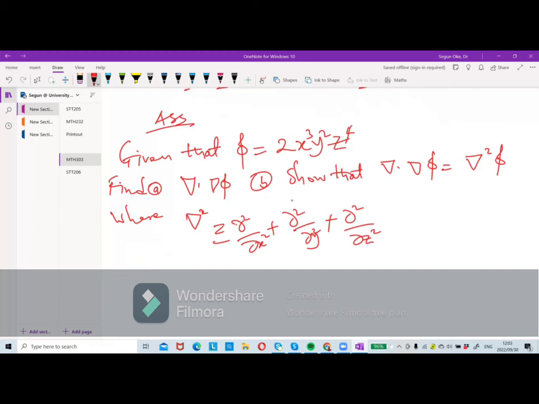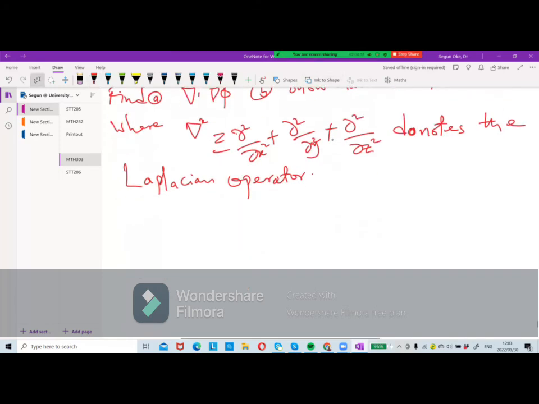So we call this one denote Laplacian, from the word Laplace. It denotes the Laplacian operator. The Laplacian operator. So then we can easily solve this one.